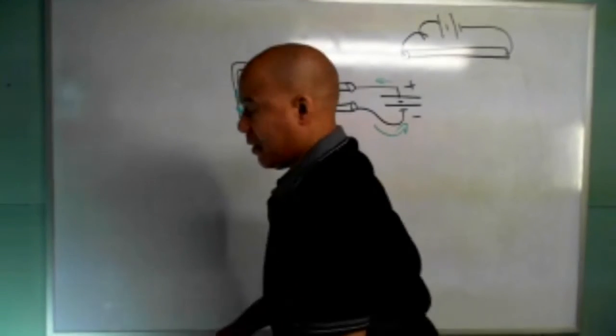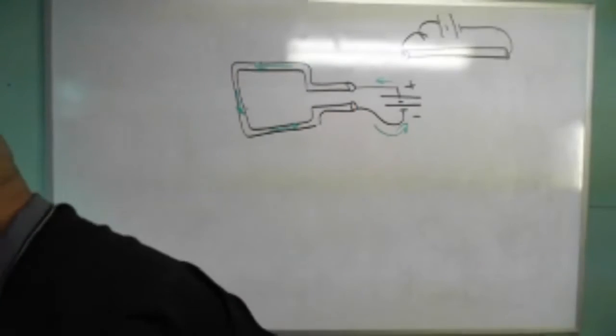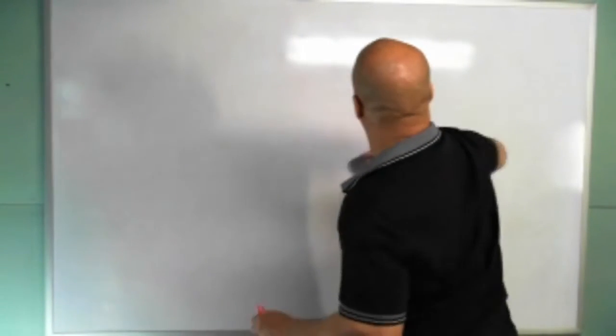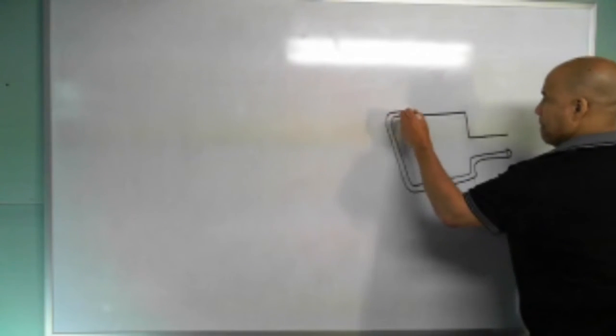Let me move this over because I want to refer to something, and I need to draw something over here. So let me redraw this over to the side. Here's my conductor, and I've got my battery like that.